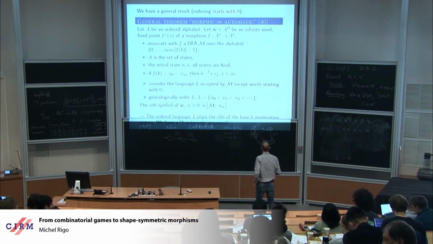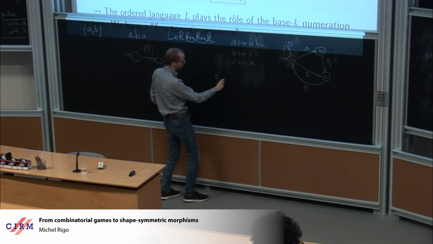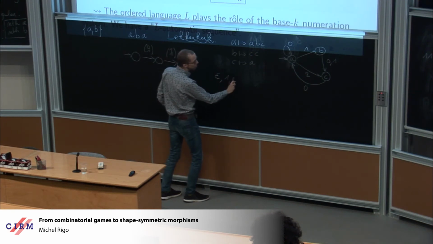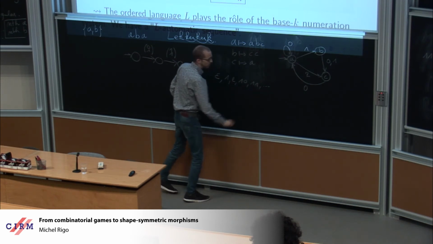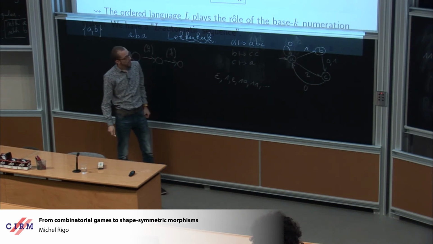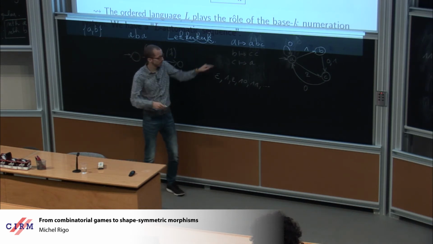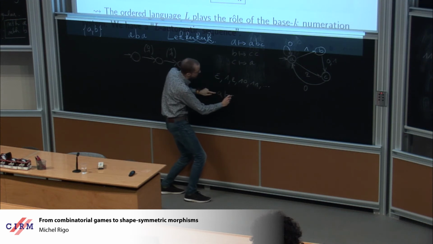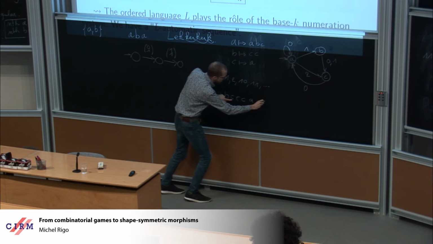So what are those words? I have the empty word, then I have 1, then I have 10, 11, and you continue this way. And if you build the sequence by iterating the morphism, A gives A, B, C, B gives C, C, C gives A, and so on.